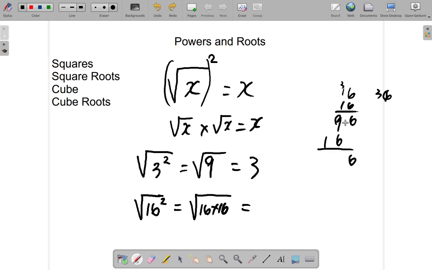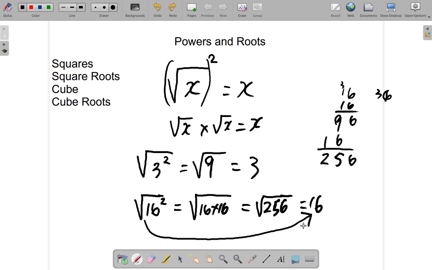When you add them, 6, 9 and 6 is 15. Bring down the 5, carry 1, 1 and 1 is 2. 256. So the square root of 256. Now the number that multiplies itself to give 256 is 16. So the square root of 16 squared is 16. It's also negative 16, but we want to just concentrate for now on the positive square root. Alright.